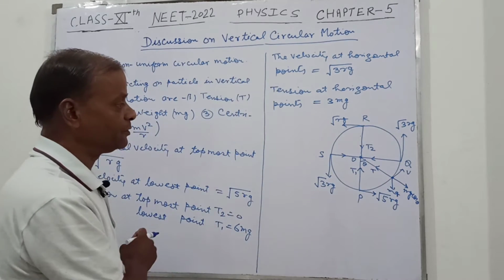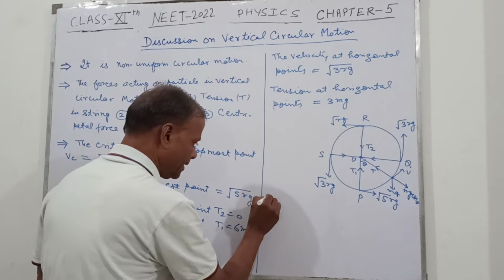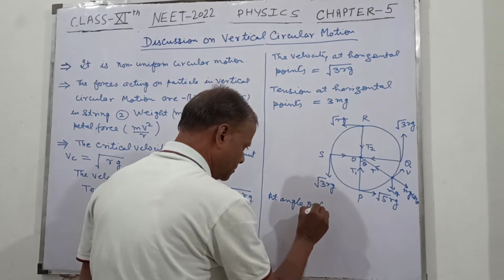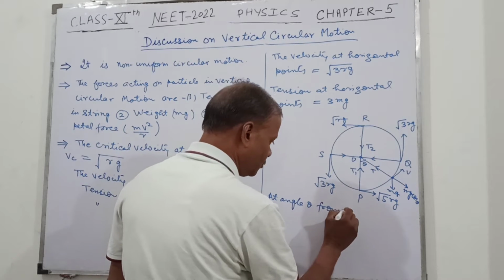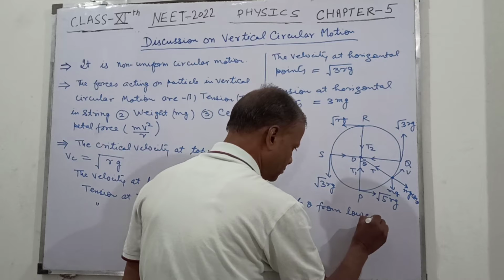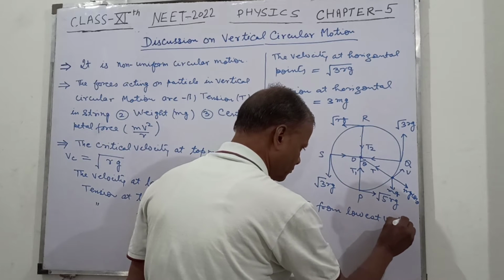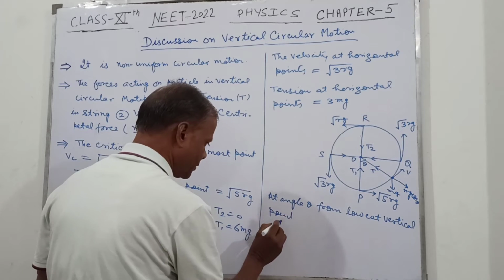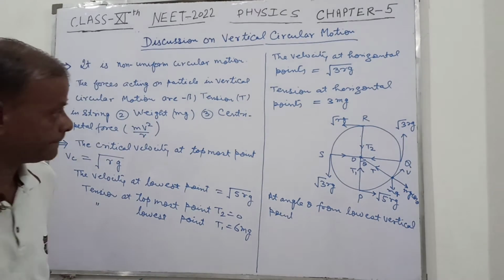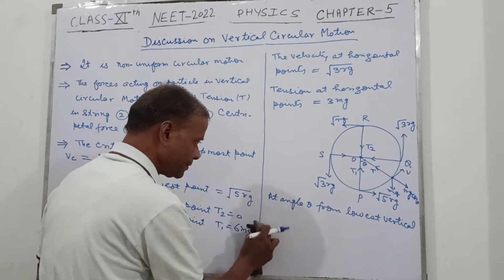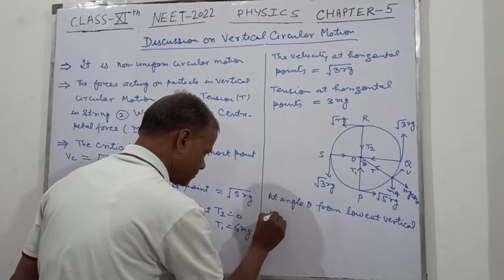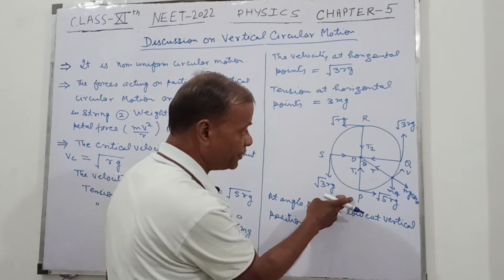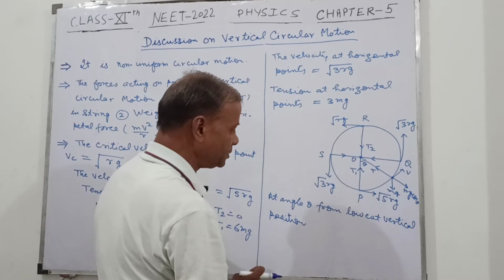So at angle theta from the lowest vertical position, lowest vertical position means the point P, the angle is given to be theta.